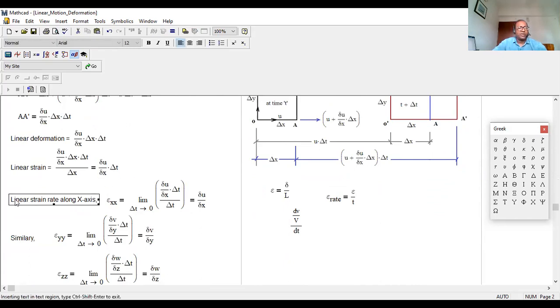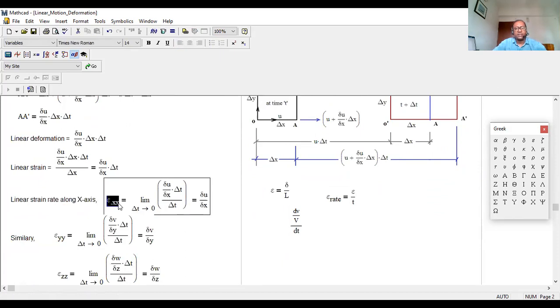So we'll figure out the linear strain rate, that means divided by the time along the x-axis: epsilon xx equals limit delta t, because delta t is very small, close to 0. So we divide by del t, and del t will be out.